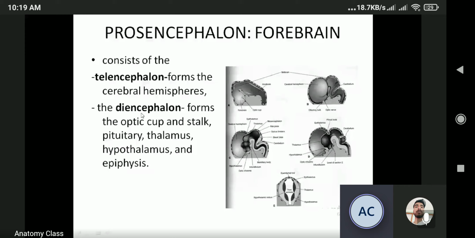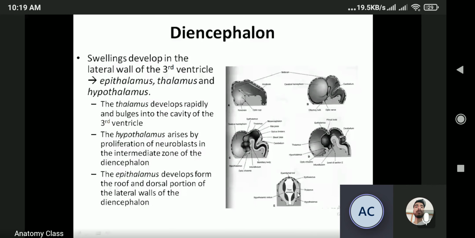We have discussed all of them: thalamus, hypothalamus, epithalamus. All these structures form from the diencephalon. So look here, you can see epithalamus, thalamus, hypothalamus, all forming in this diencephalon.